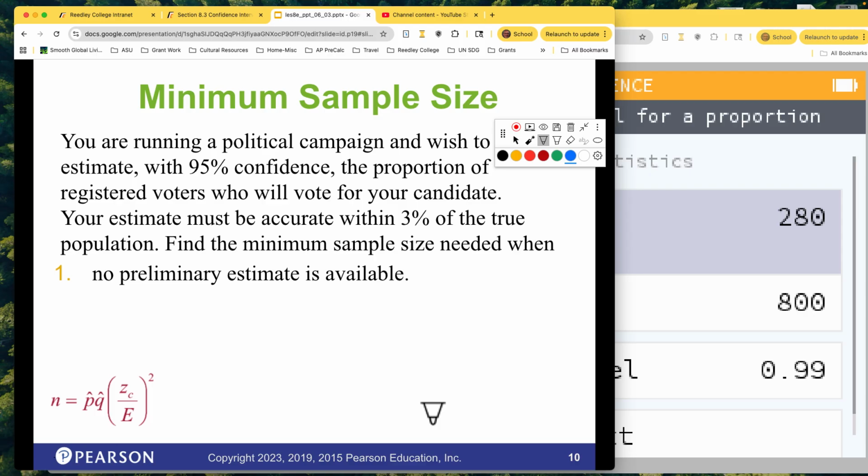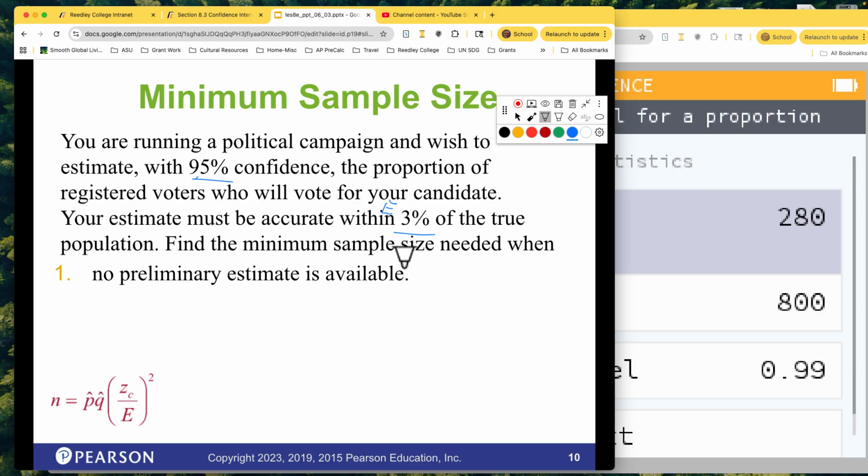Okay, so I put this little guy down here because that's all we're going to use. You are running a political campaign and wish to estimate with 95% confidence the proportion of registered voters who will vote for your candidate. Your estimate must be accurate within 3%. That is your margin of error that they're giving you right there of the true population.